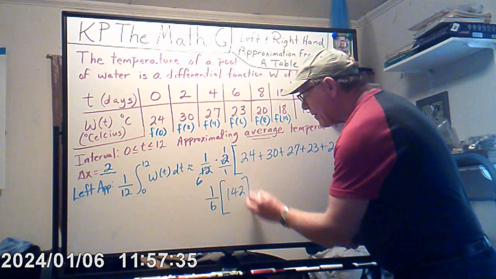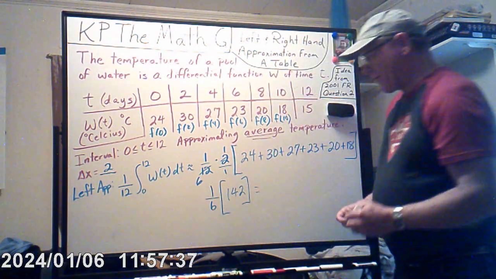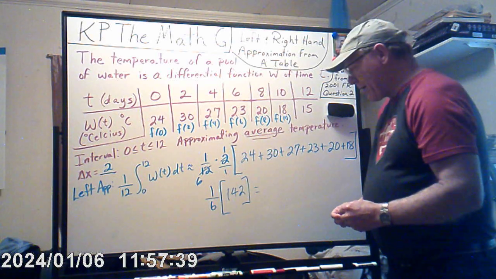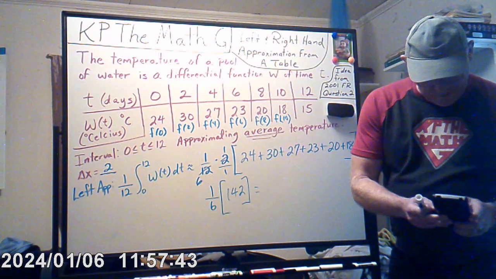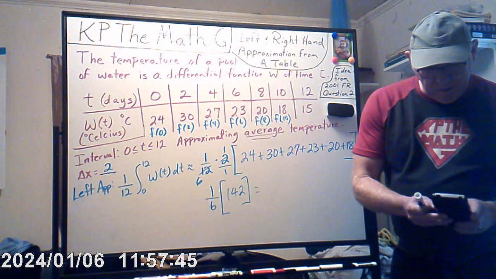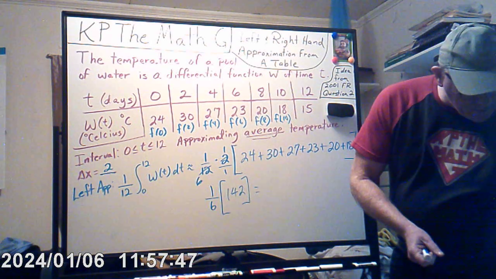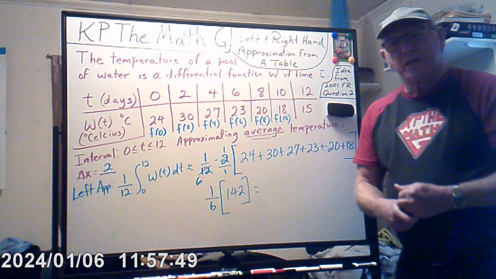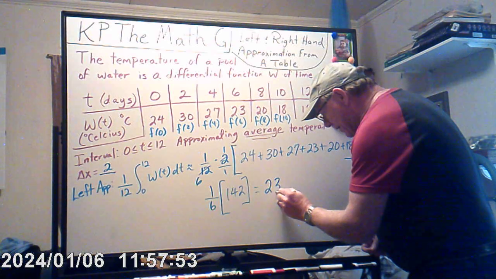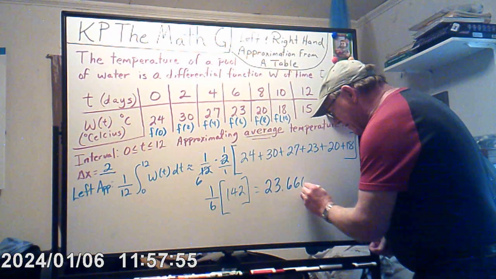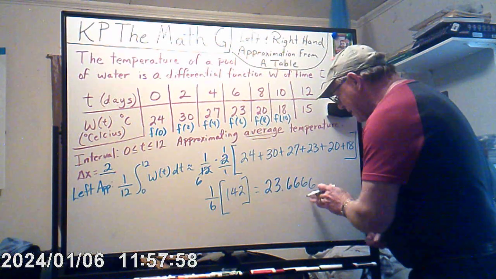Alright, 1/6 of that. So 142, let's divide it by 6. 23.6. When you get the several 23 point, you get something like 0.666. It keeps on repeating like that.